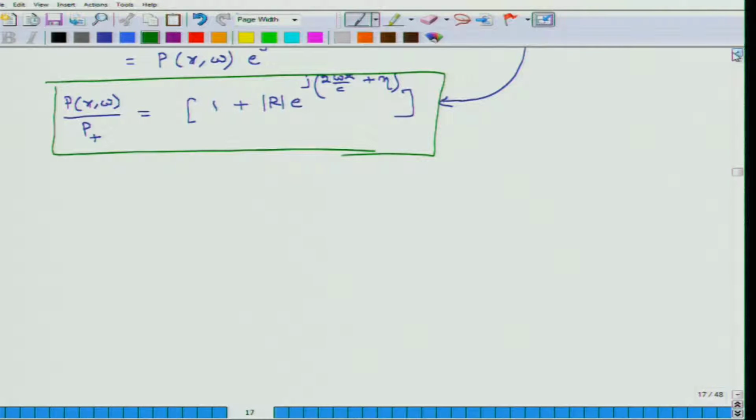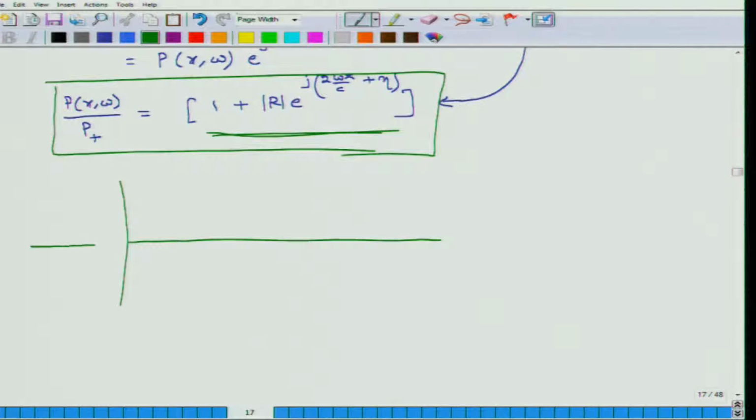Now let's look at this term which is there in the parenthesis, and what I am going to do is plot it on a real and complex plane. Okay. So this is my real axis, this is my imaginary axis, and this entire term is 1 plus modulus of R times exponent j 2 omega x over c plus eta.